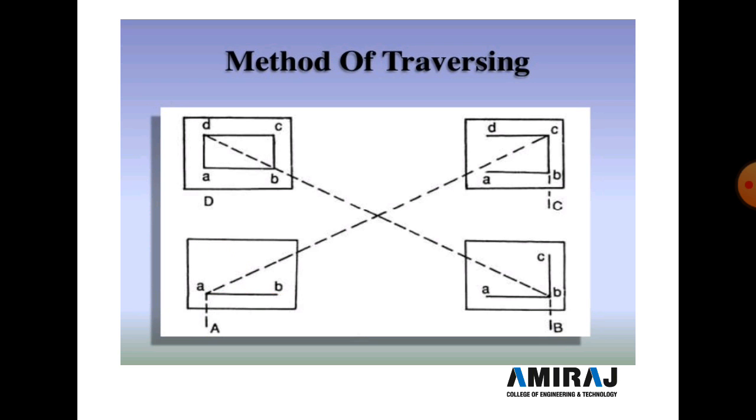First we set up the plane table at point A, and there are 3 steps: first leveling, second centering, and third bisecting or orientation. First we fix the peg at the point, then level the plane table, and using the level tube we check that it is perfectly leveled.